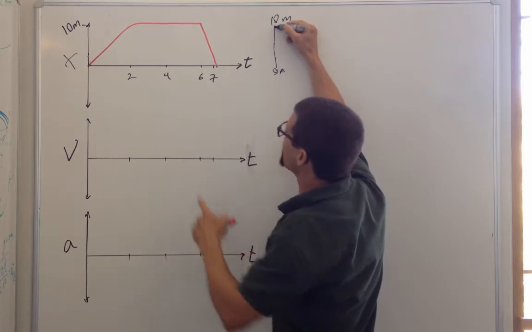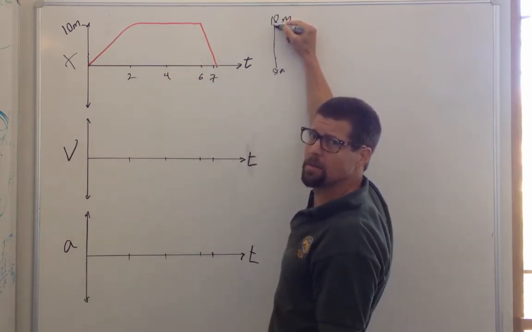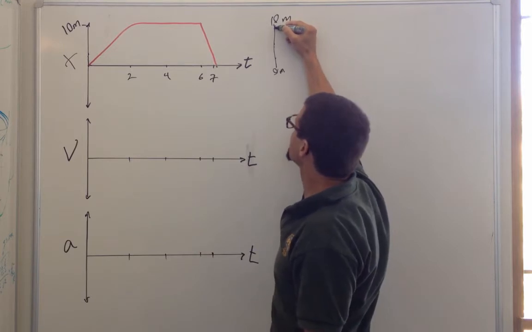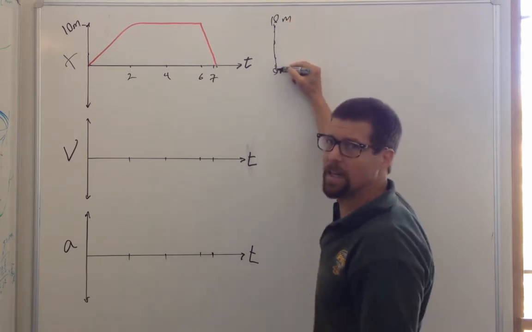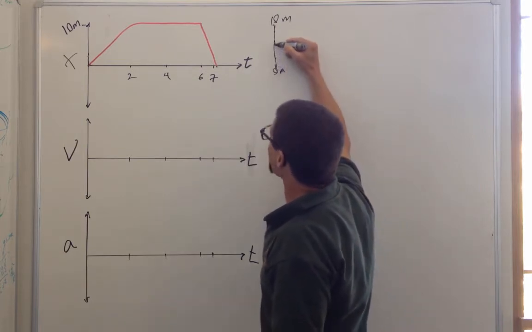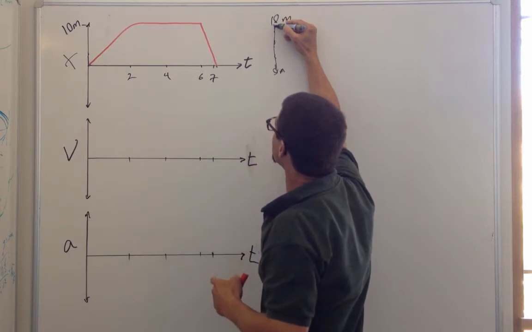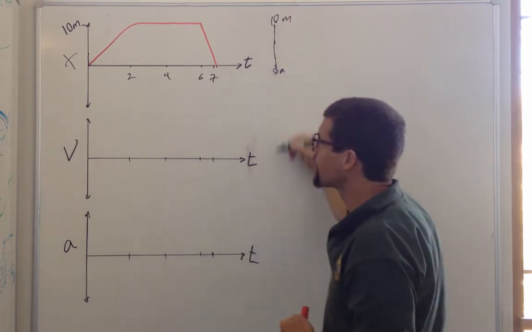In 2 seconds I'm here. In 3 seconds I'm here. So I'm just staying here now. Right? 6 seconds, 7 seconds. So what I'm doing is I'm moving upward, up to 10, slowing down, stopping, coming back.